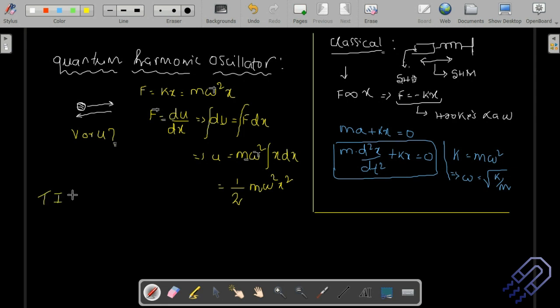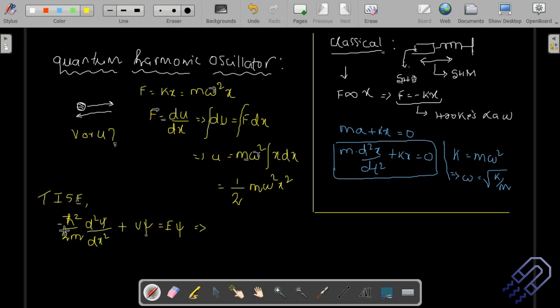In order to solve this, we are going to use the time independent Schrodinger equation, which you already know: minus h cross square divided by 2m, d square psi by dx square, plus V psi is equal to E psi. There are a lot of math steps, so we have to be very careful.